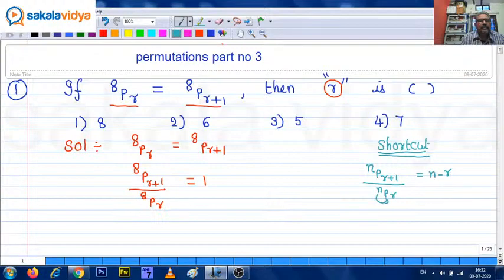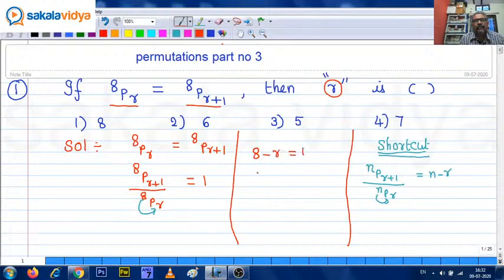So here we can write 8 minus r equals 1. So r equals 8 minus 1, that is 7. So the fourth option is the right option.